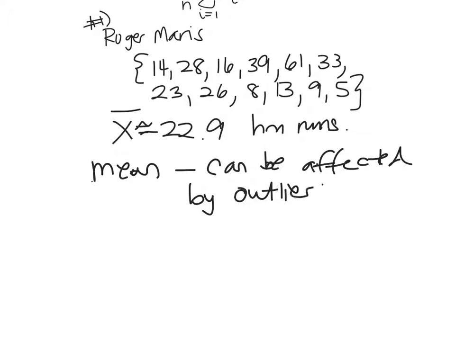That 61 is getting averaged into the mix with all of it, and that's why his mean was 22.9, which was bigger than his median. The median is kind of a better judgment when outliers occur. It's the middle. So that 61 could have been 50, or it could have been whatever. You look at the middle number, and that's actually a better judgment of how many home runs he hit, with the 61 skewing things for the average.